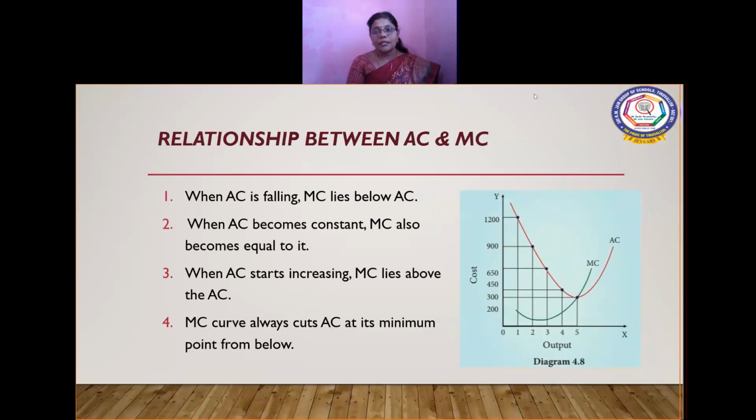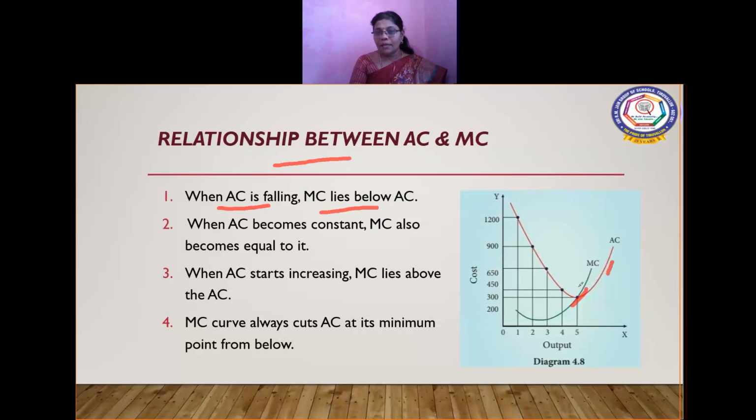Next, we are going to discuss the relationship between AC and MC. When AC is falling, MC lies below AC. In this diagram, you can find two curves, the AC curve and the MC curve. You can see the AC curve is falling and MC lies below the AC.